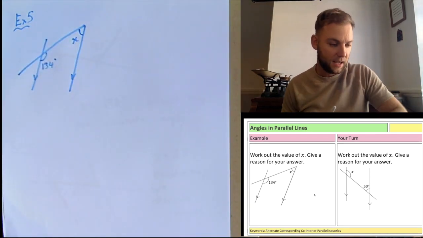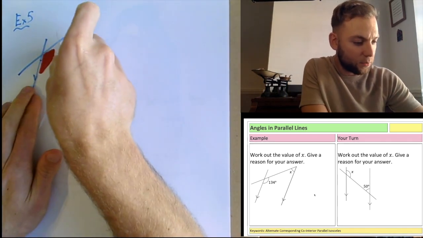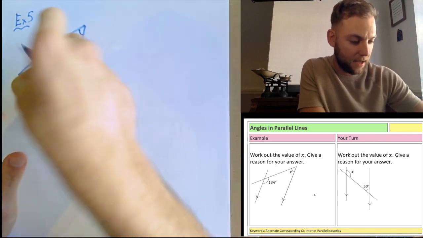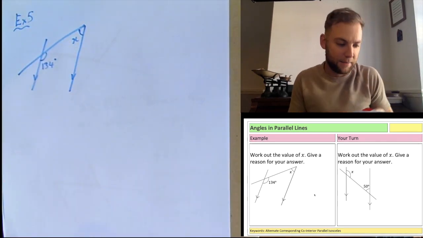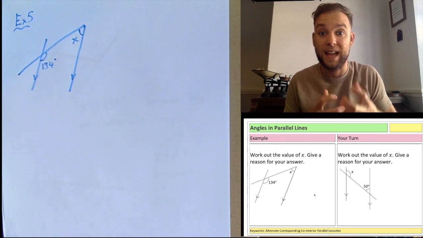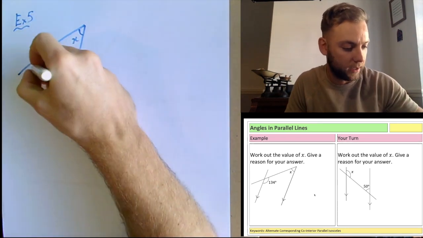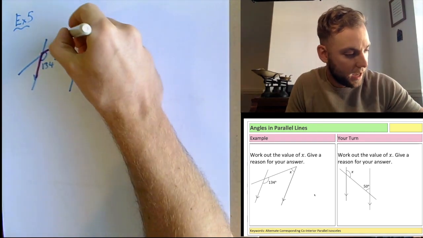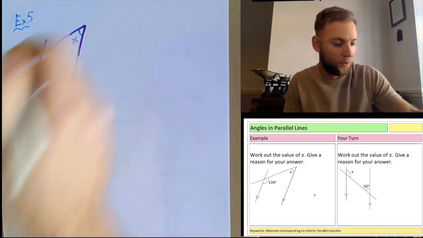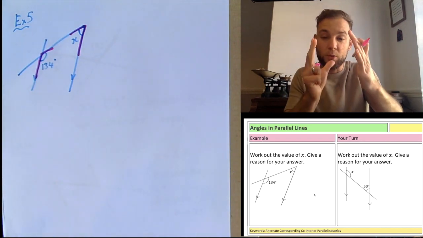Now notice that if I was to slide this one up now, it's not going to be the same. If I was to alternate, it's not going to be the same either. And that's because these aren't the same angle. So if I've got this angle here and this angle here, you notice it forms a kind of enclosed shape.